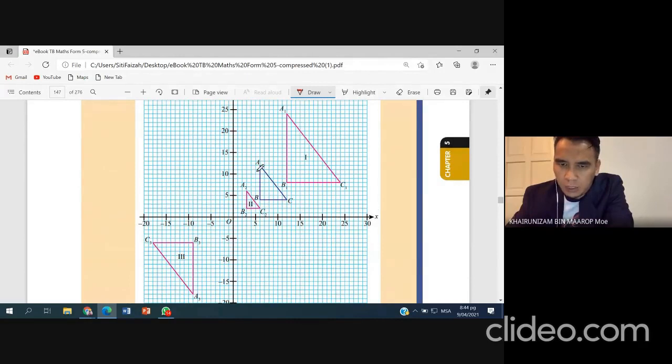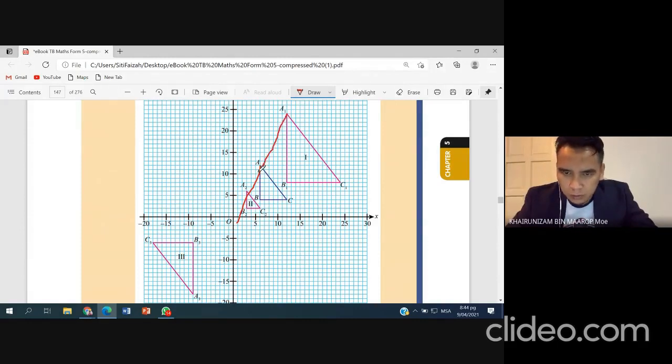Point A with A', like this. We use a ruler. I cannot do it properly because I did not use a ruler. Something like this. C and C', B and B'.